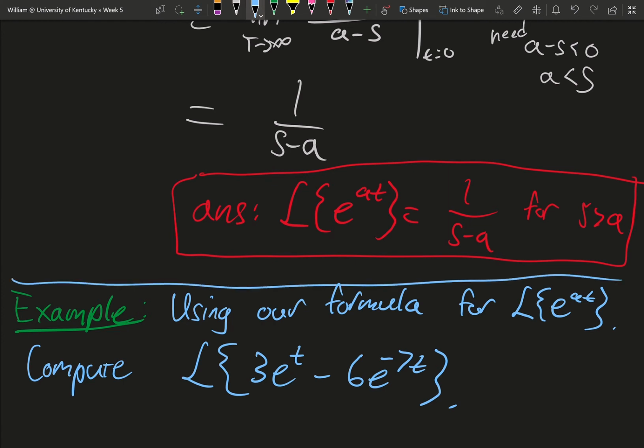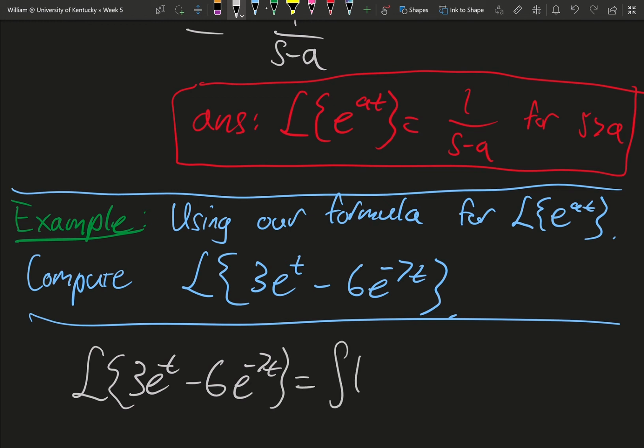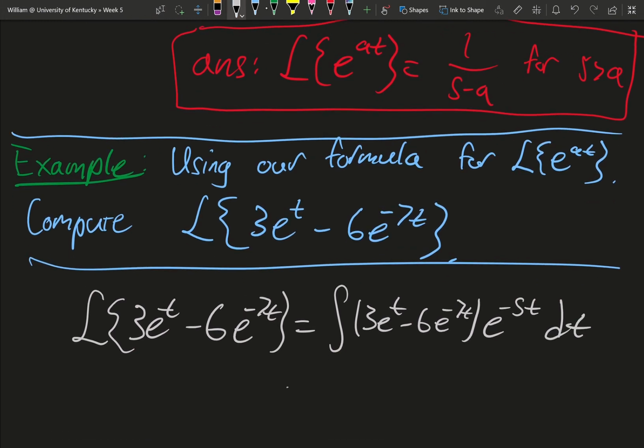We're going to take a shortcut here, but this is actually what we're going to do a lot of the time once we get comfortable with computing these using the definition. So by definition, I have the Laplace transform of 3 e to the t minus 6 e to the negative 7t. And remember, I can distribute, and also I can split up integrals.